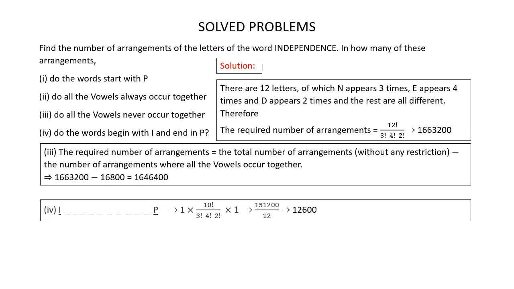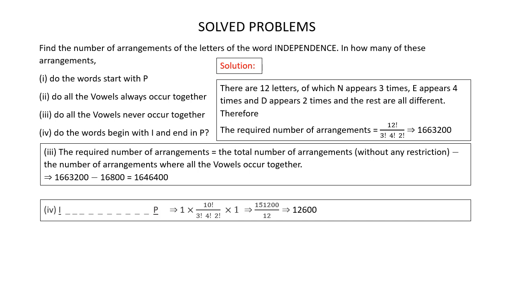Now the number of arrangements where the word begins with I and ends in P is equal to the number of arrangements of I in the first position and the number of arrangements of the 10 letters in the 10 positions and the number of arrangements of P in the last position.